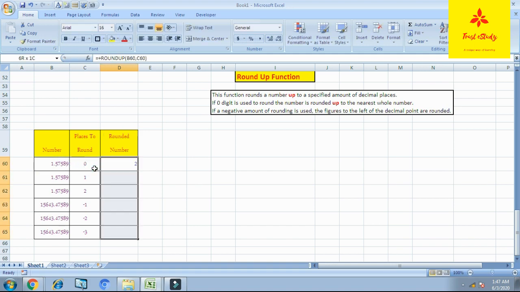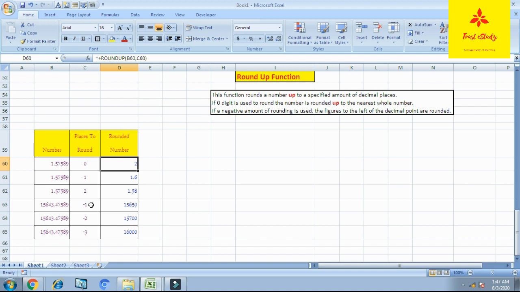Now I will do simply Control D. So see this. When I used up to 0 decimal places, it rounded up to the nearest whole number, that is 2 in this case.